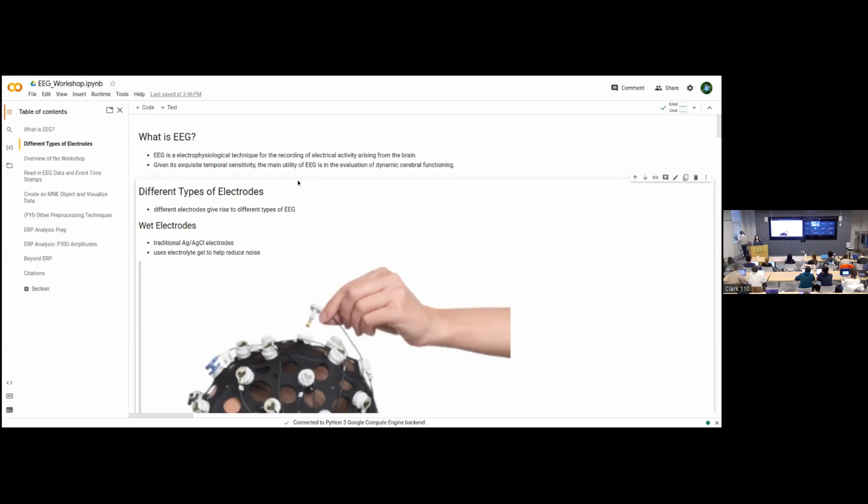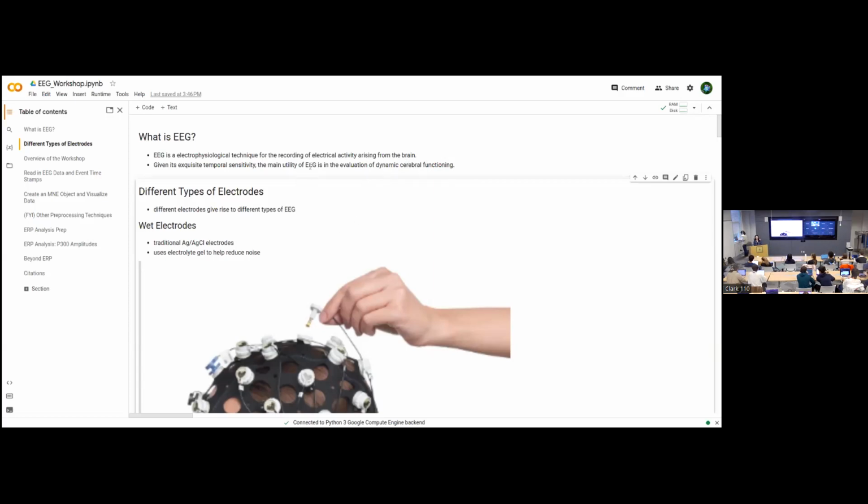Because it has good temporal sensitivity, we usually use it for evaluation of dynamic cerebral functioning. That basically means analyzing more timely brain activity, instead of other modes of BCI that have a lower temporal resolution and sensitivity, so they're less used for capturing events of your brain activity.